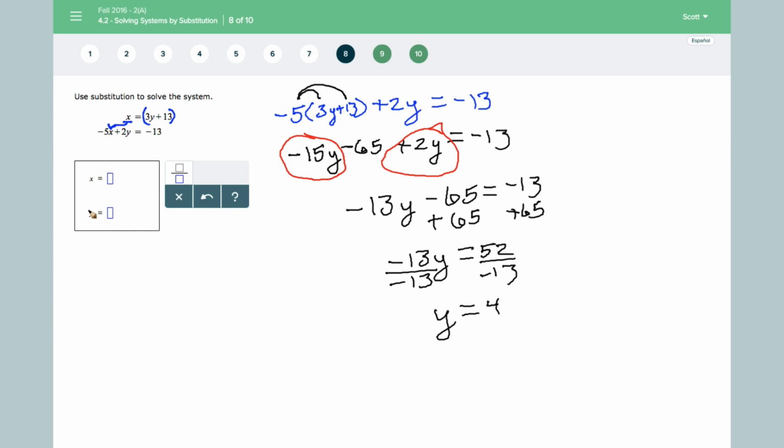So we find y, make sure you're finding the right number, is negative 4, excuse me. We've got a negative right there. So negative 4. Okay.